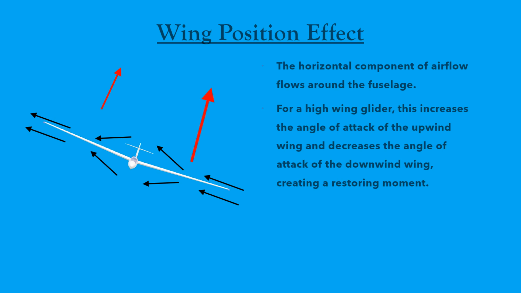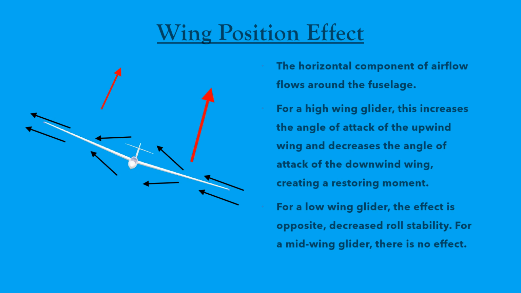That angle of attack change in that area causes a restoring moment, which will tend to make the glider roll back towards level flight. For a low wing glider, the effect would be the opposite. For mid-wing gliders, like most gliders, this is a very negligible effect.